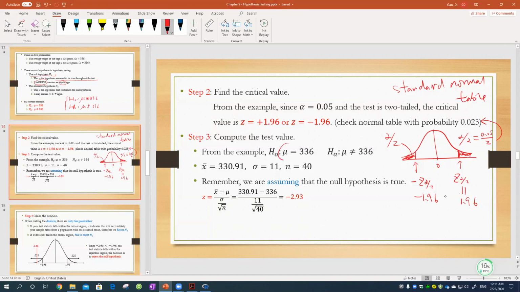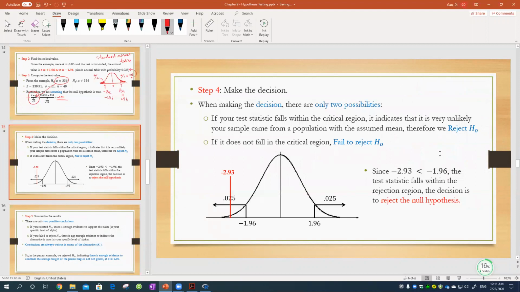When we assume that's true, then this mu equals 336. So we have all the information here. X bar 330.91, mu 336, 11 divided by square root of 40. So plug it all in, and then you calculate that value to be negative 2.93.